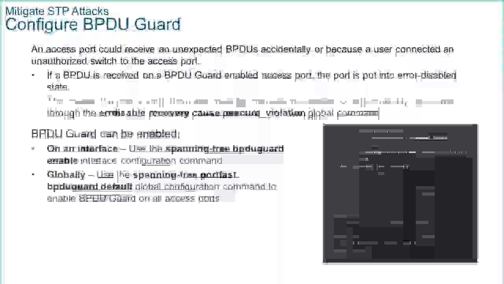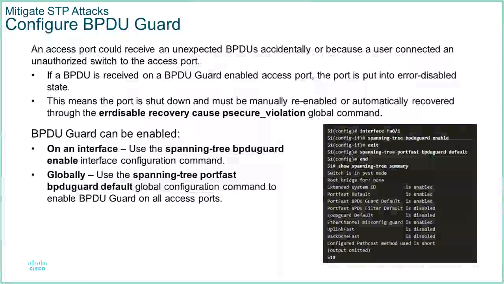So what's that look like when we configure guards? Alright, so we go into our interface and we put spanning-tree bpduguard enable. Now we can put this on by default by putting in spanning-tree portfast bpduguard default.